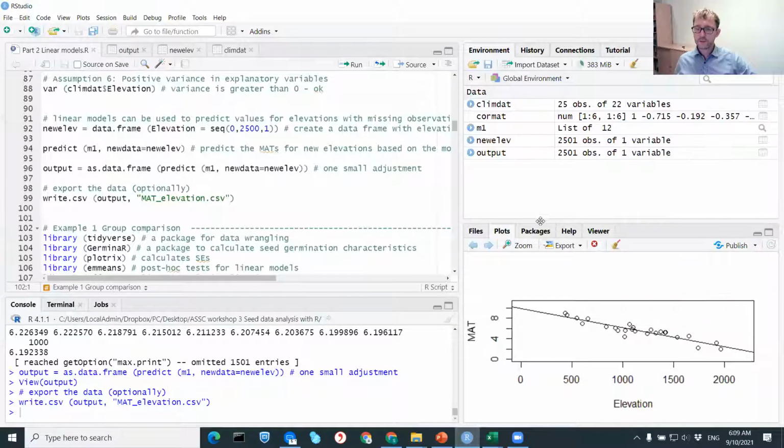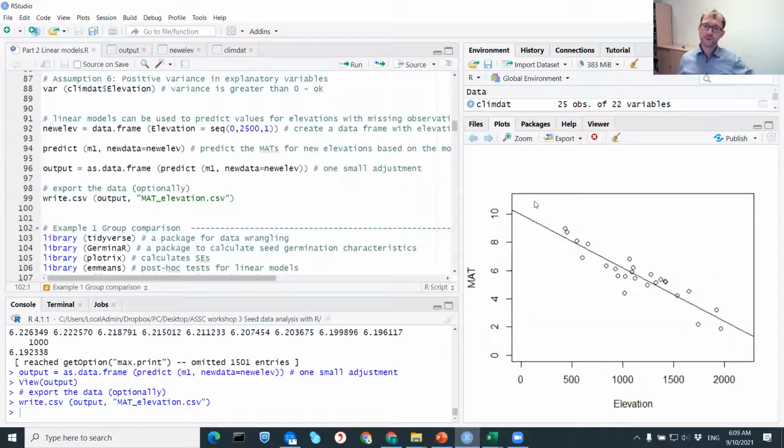So once again, you can use this approach not only to explain the relationships, but also predict data, to generate data for the parts of the relationship for which you have no data.